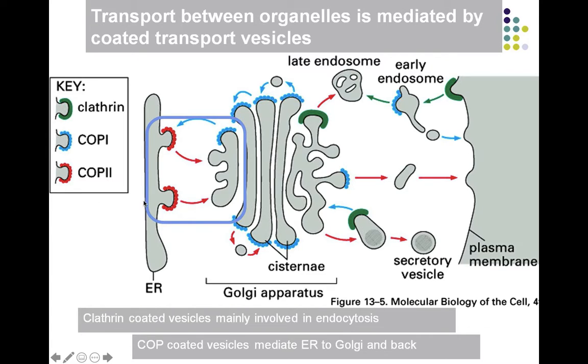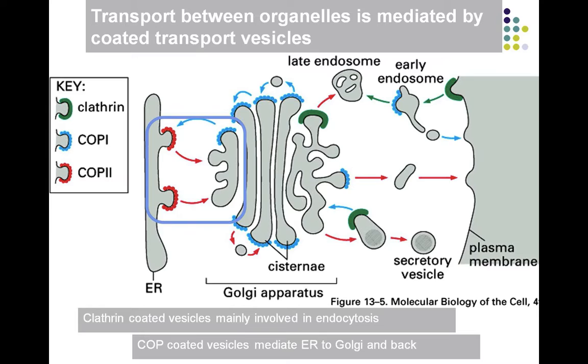So from the ER to the cis-Golgi network, transport vesicles are covered by COP2 proteins. On the other hand, COP1 are coat proteins associated with the transport of material from the Golgi back to the ER, or transport of material within the Golgi cisternae, what we call intra-Golgi transport.